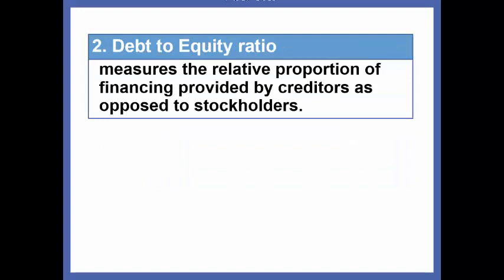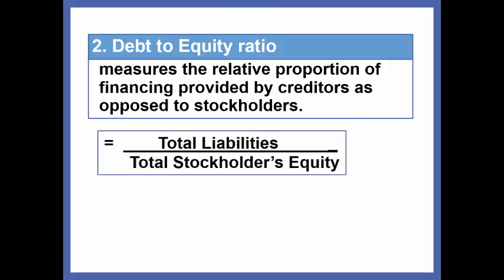Now we'll look at the debt to equity ratio. This is just looking at the relative proportion of financing that is provided by creditors like banks and other payables as opposed to stockholders. So there's really 2 ways to finance your operations. You can borrow money, or you can use the stockholders' investment, either by issuing stock or retaining the earnings and using that to operate.